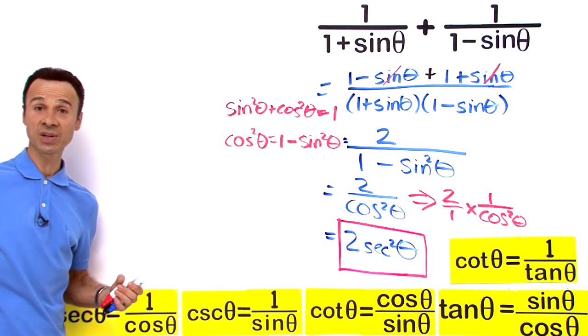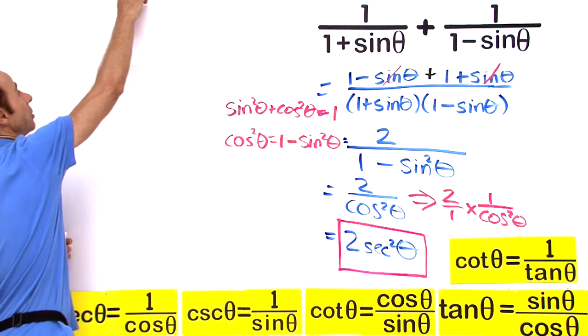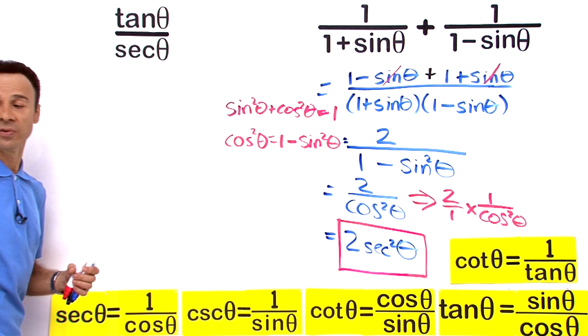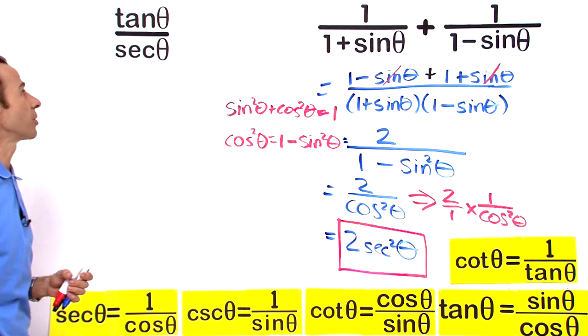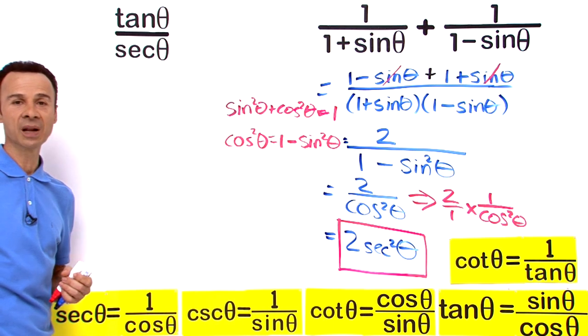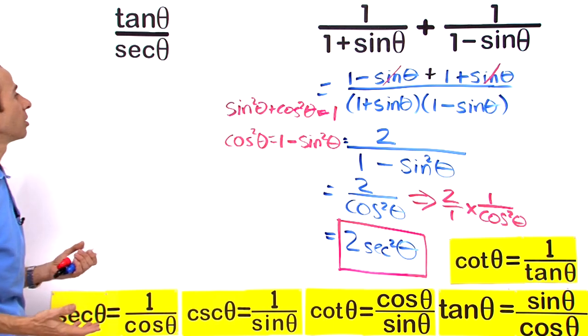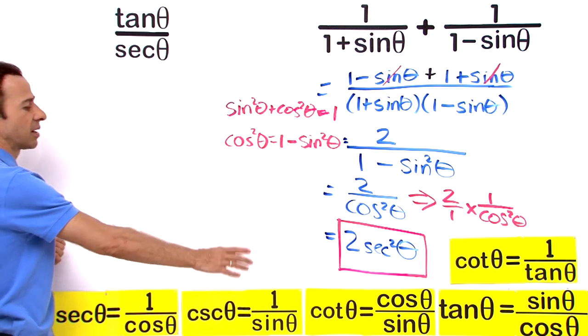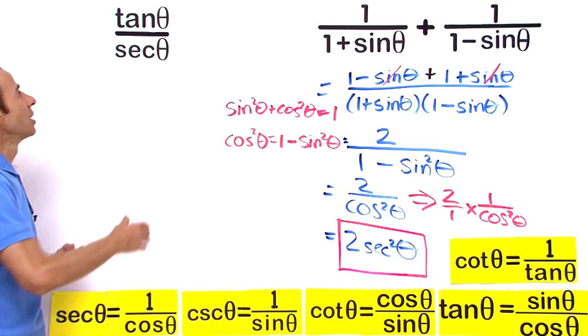How about we try another example? Here's one over here. This one's a little different. You have on the numerator tan theta over secant theta on the denominator. So how are we going to simplify this? Well, all we have to do is use what we have down here, reciprocal functions. So what have we got?